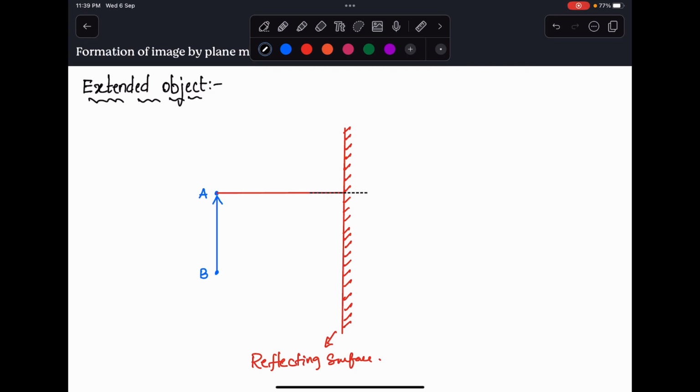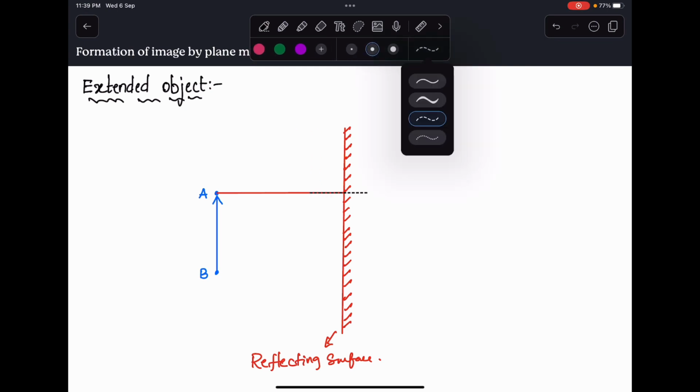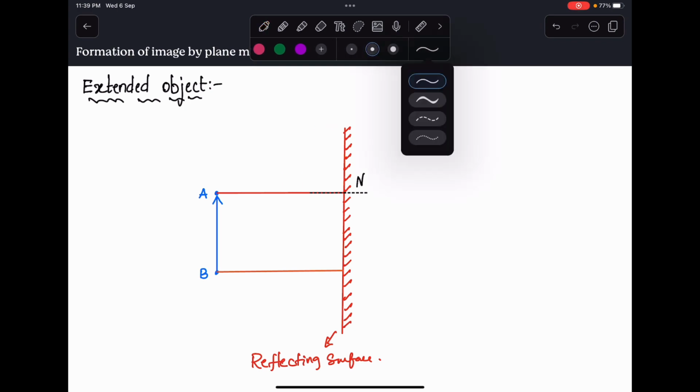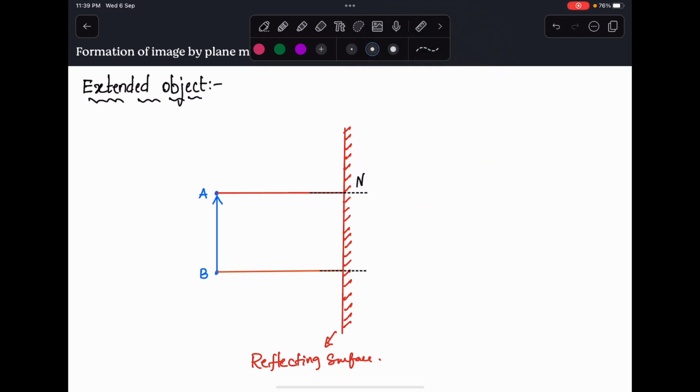So this is your normal directly, and it was incident on the normal only. Similarly, one more incident ray I would like to consider over here, of the same kind. It was incident again on the normal, as the first one from the top. So this is once again your normal.